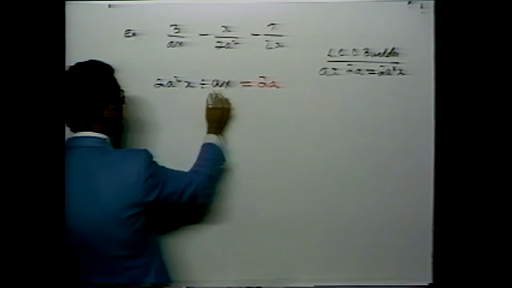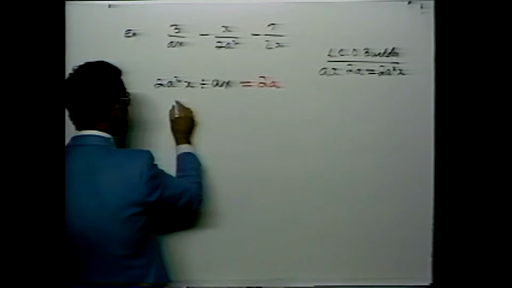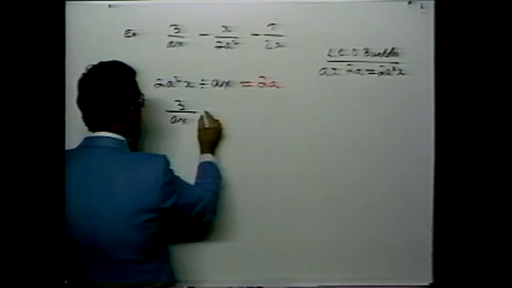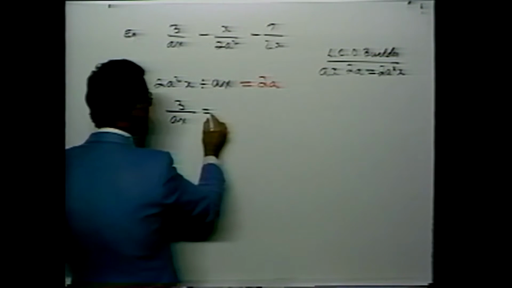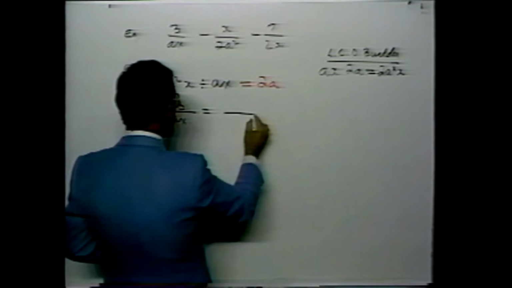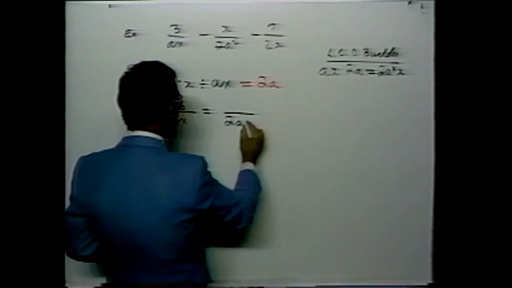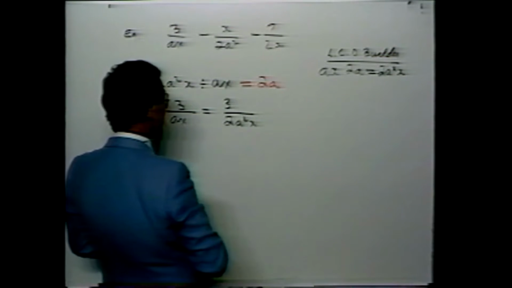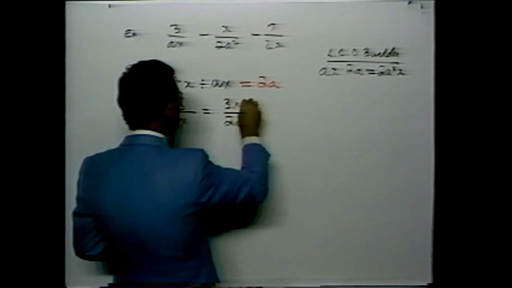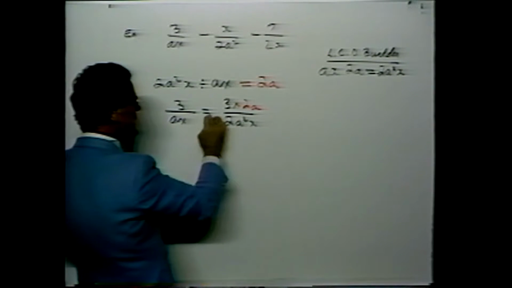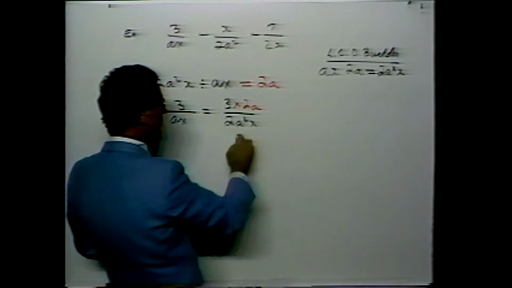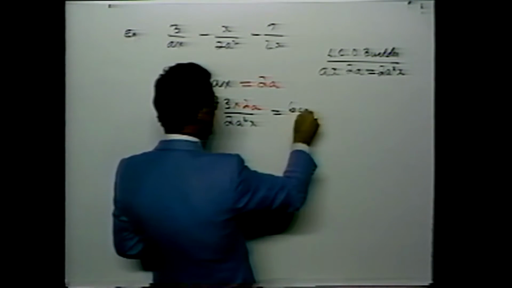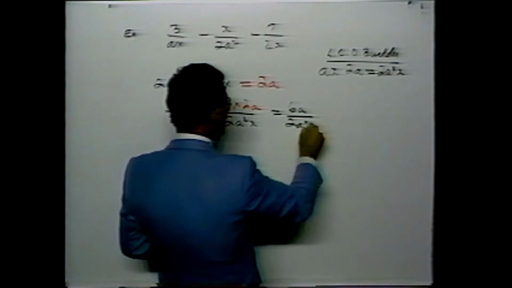In other words, with this work completed, we can do the following. 3 over ax is equal to 2a squared x in the denominator and 3 times 2a. 3 over ax becomes 3 times this over that, and we have an equivalent fraction, 6a over 2a squared x.